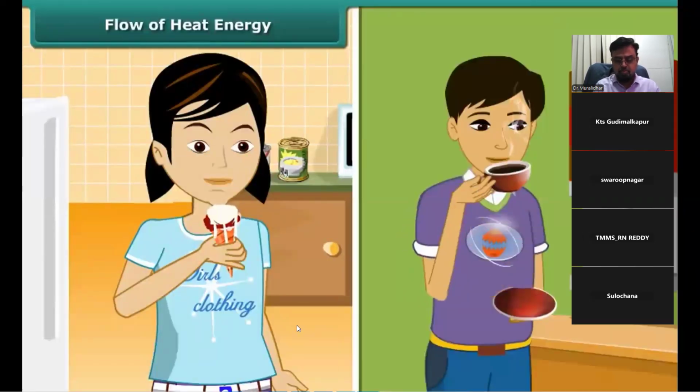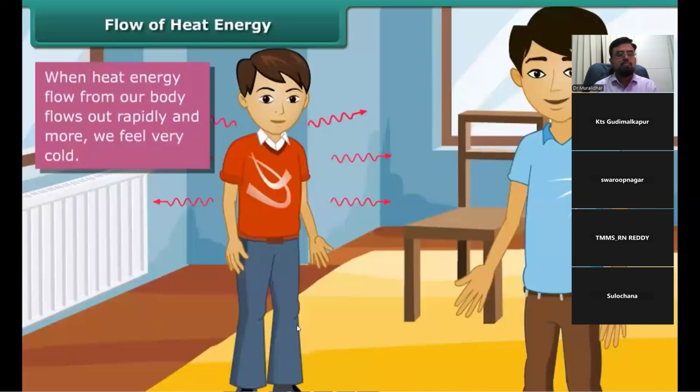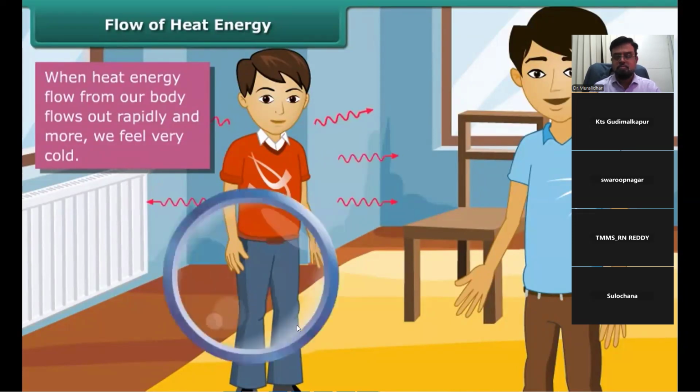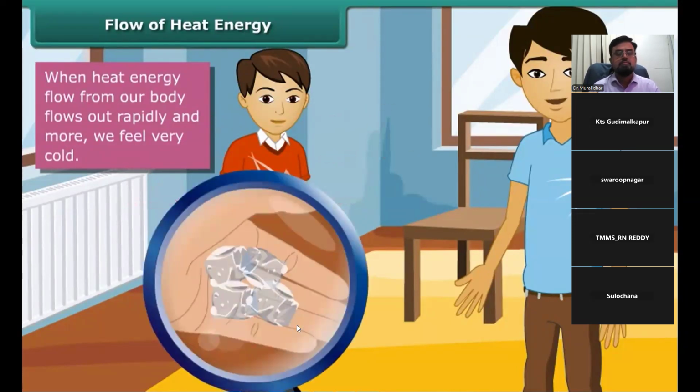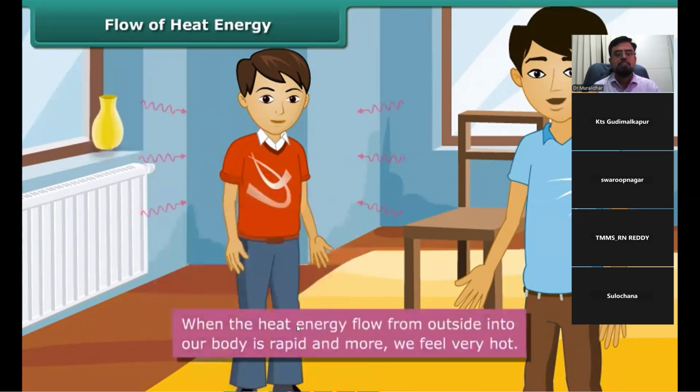The ancient man generated fire by rubbing two stones. You must have held both eyes and hot cup of coffee. Why is it that in one you feel cold, while in the other it is hot? When heat energy from our body flows out rapidly, we feel very cold. This is the case when we hold ice. Ice on the palm gives a sensation of cold because heat from your body flows out of your body to the ice.